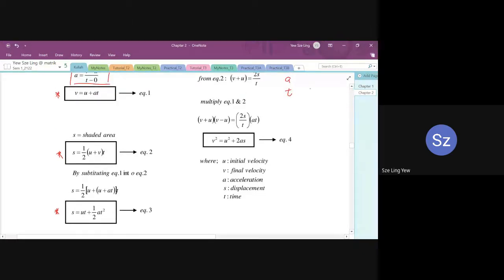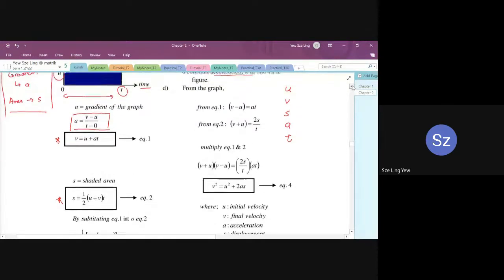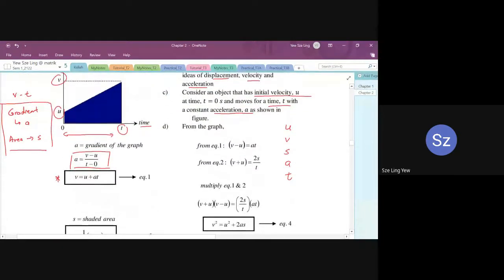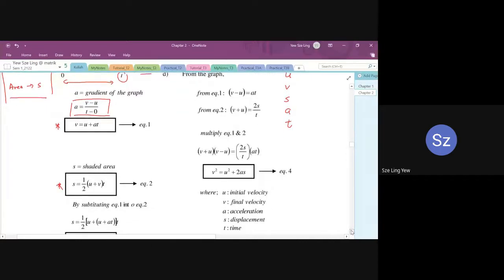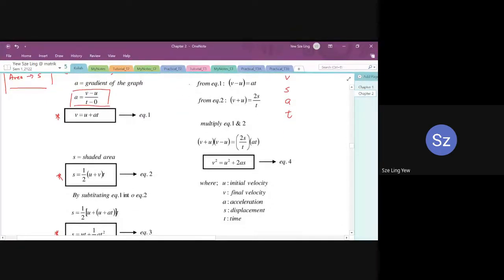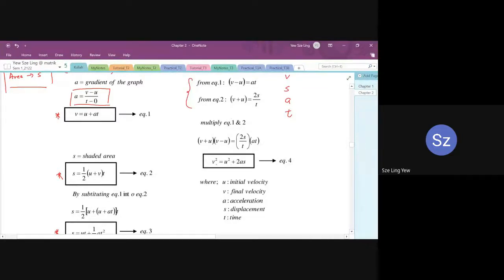Now, you don't have to know how to derive it. But sometimes if the question gives you a diagram and asks you to find the equations, then at least you have to know that the gradient represents acceleration and the shaded area under the graph represents displacement. The last one also comes from equations 1 and 2. You rearrange the equations and combine them to obtain v squared equals u squared plus 2as.